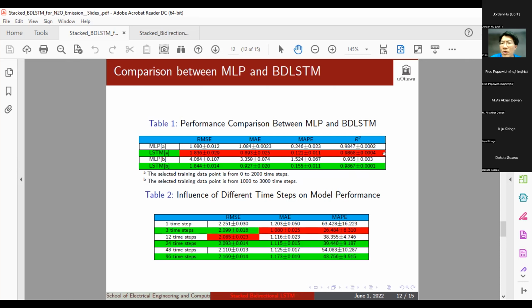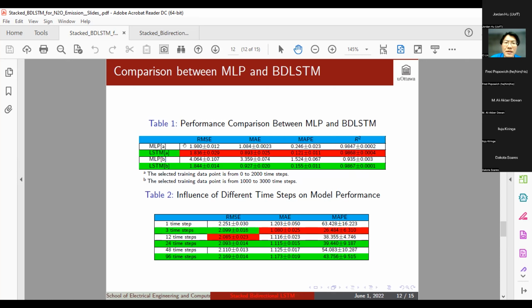In all 4 major metrics, like the RMSE, for LSTM it has 1.836 plus minus 0.029.